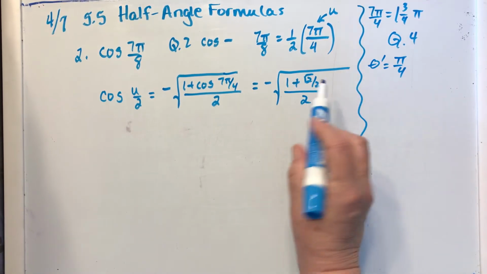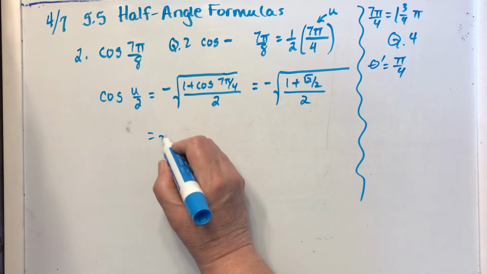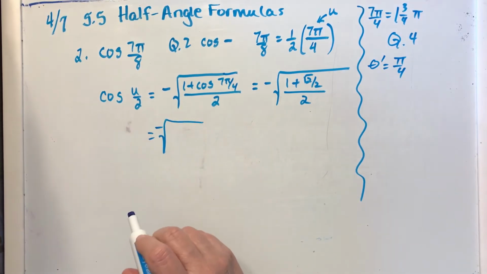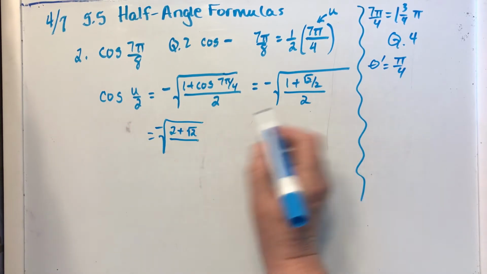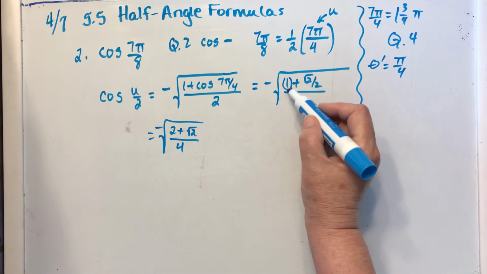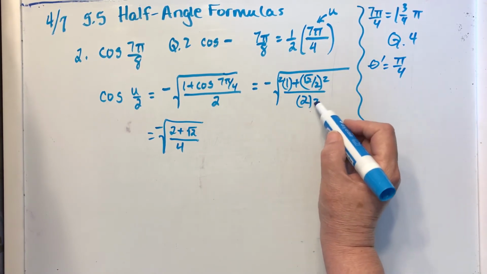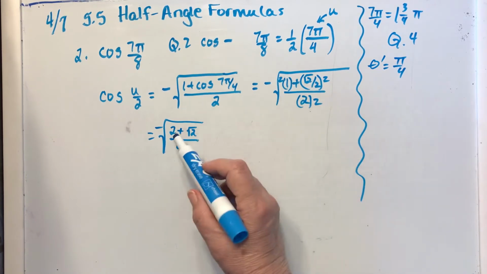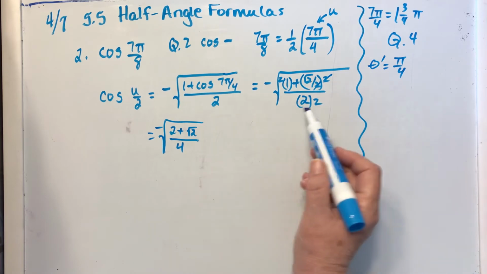So now to simplify this, I'm going to multiply every single term by 2. So that becomes the square root, with a negative on the outside, of 2 plus the square root of 2 all over 4. Since it was a complex fraction, I multiplied each term by this denominator. So 2 times 1 gave us 2. Here the 2's cancel, so we're just left with the square root of 2.